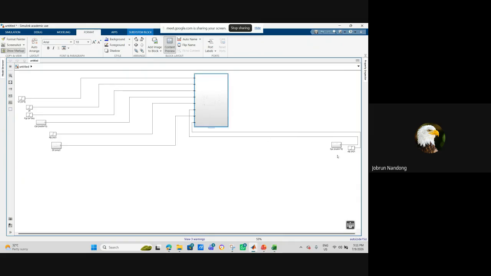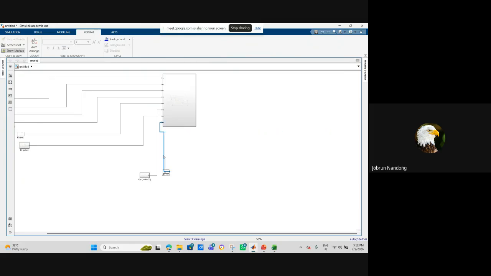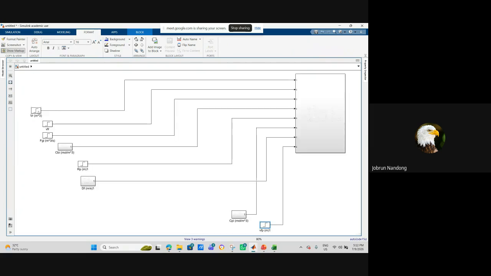Yeah, that's how it looks here. All these inputs need to be specified. You put them outside.